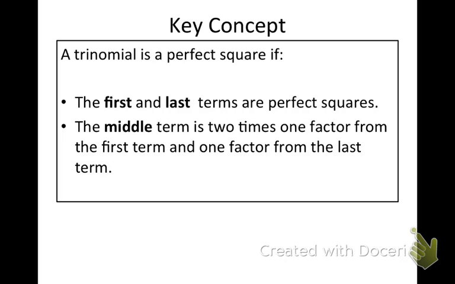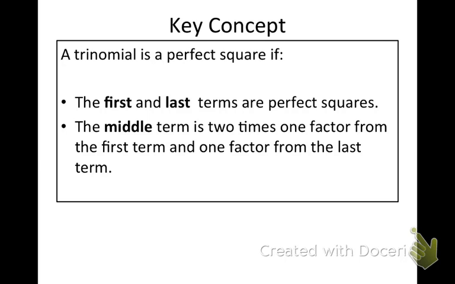If I focus on just one of those, the factor would be 3. So the middle term has to be 2 times 1 factor from the first term, so 2, and 1 factor of the last term, 3. 2 times 3 makes 6. So if I do 2 times that, my middle term would have to be 12.